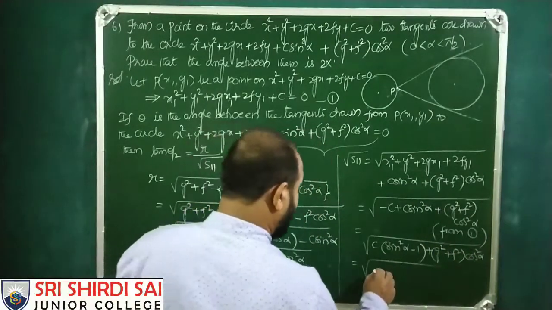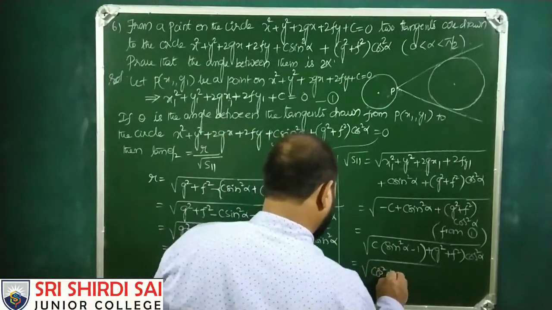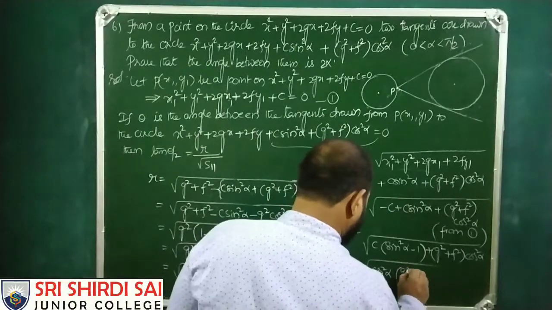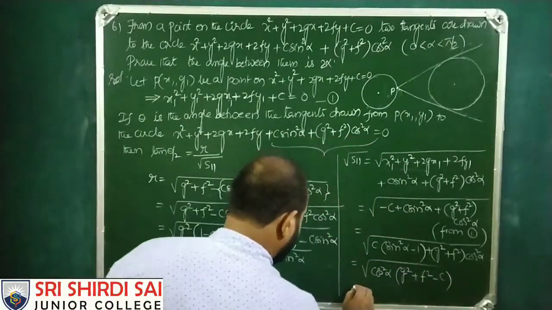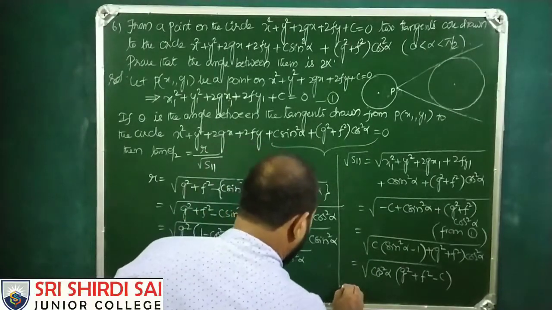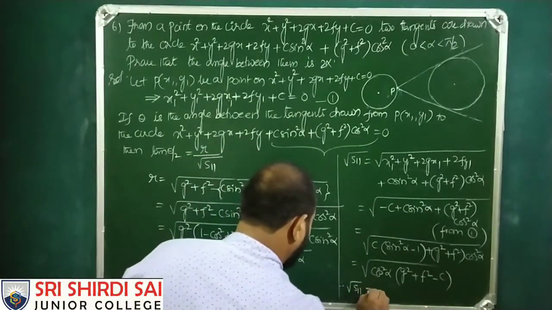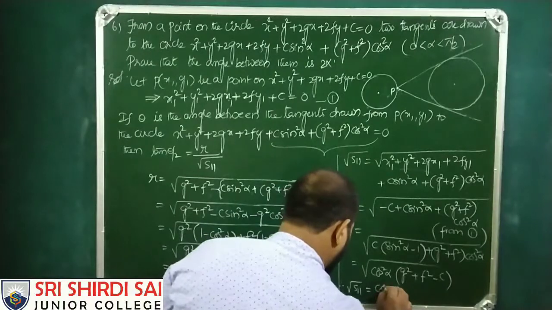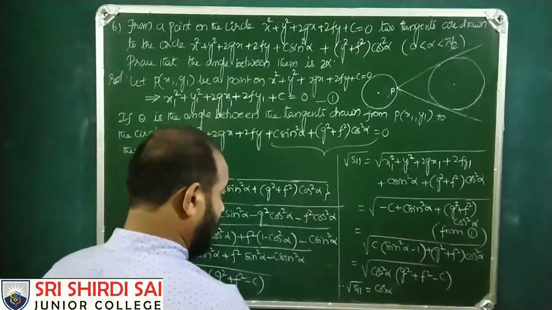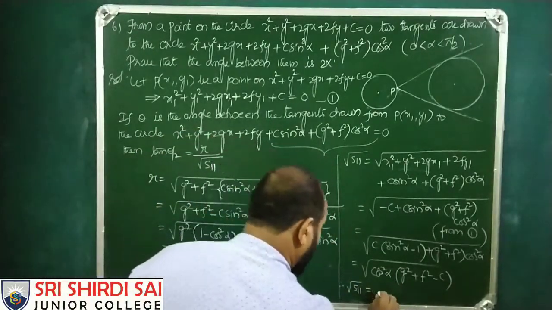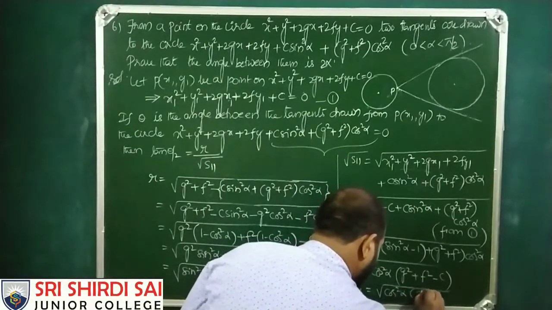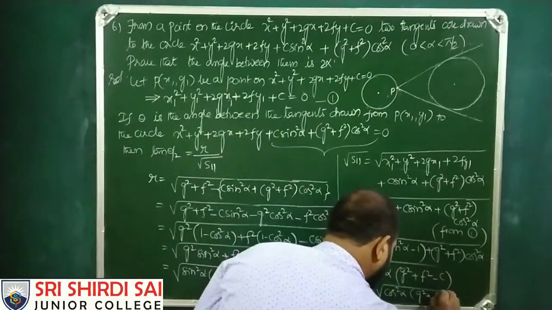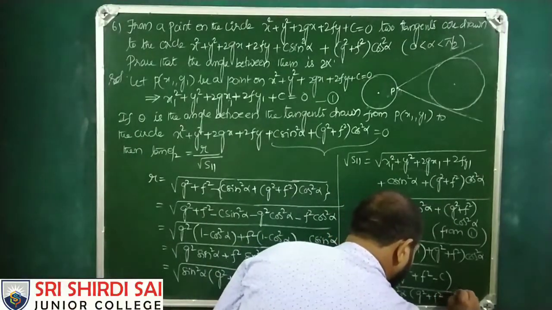So then take cos square alpha in common, then g square plus f square minus c. Therefore root s11 is equal to cos alpha into square root of g square plus f square minus c.